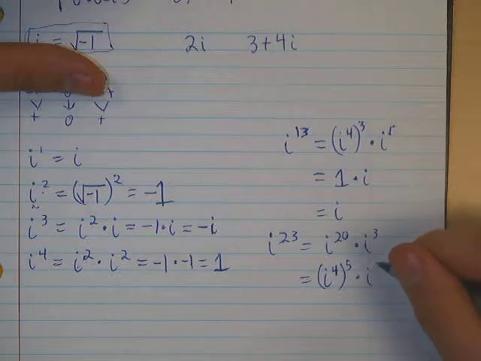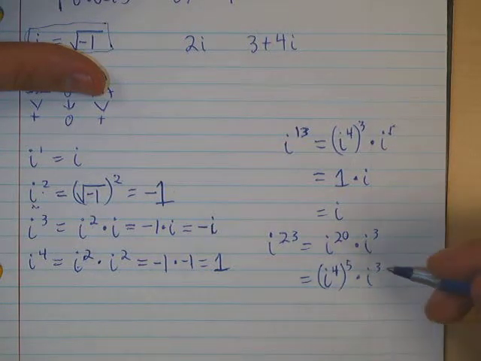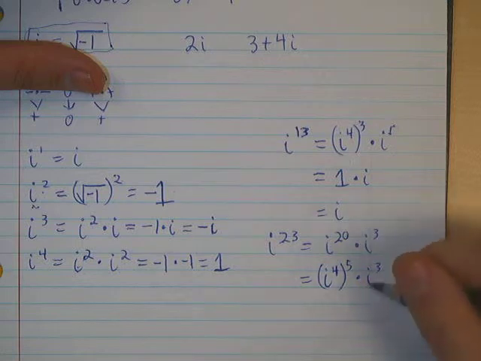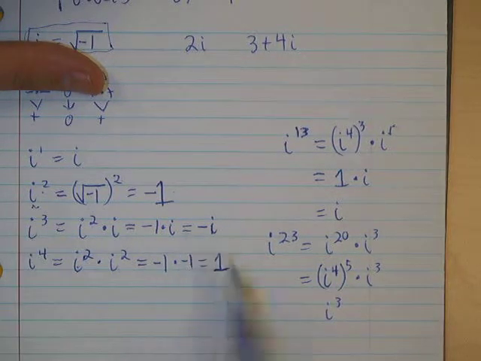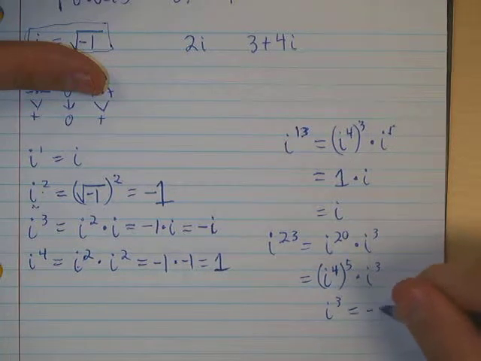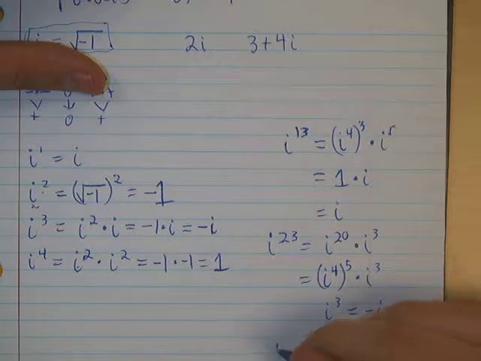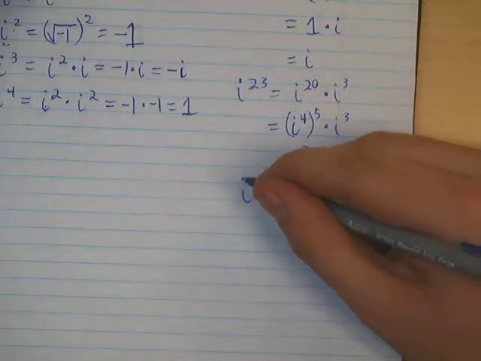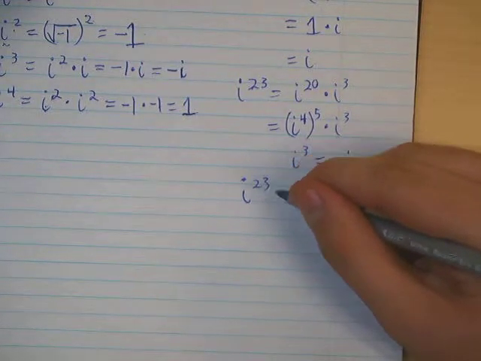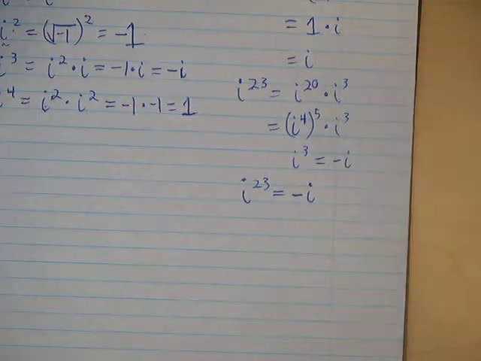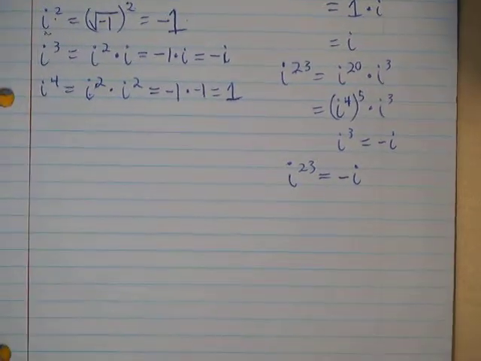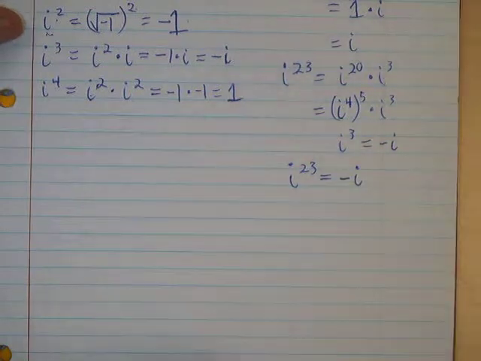Again, I'm trying to rewrite all of these in relation to i to the 4th. So times i cubed. i to the 4th is just 1. To the 5th will be 1 again. So you're just left with i cubed. And again, i cubed, we notice, is just negative i. So i to the 23rd power is the same as negative i.